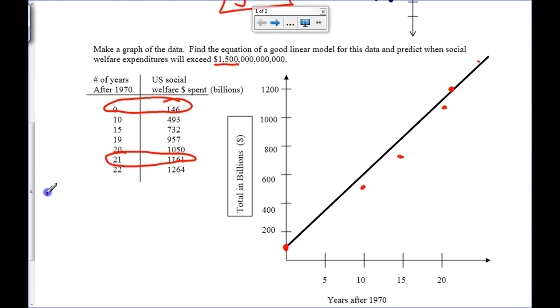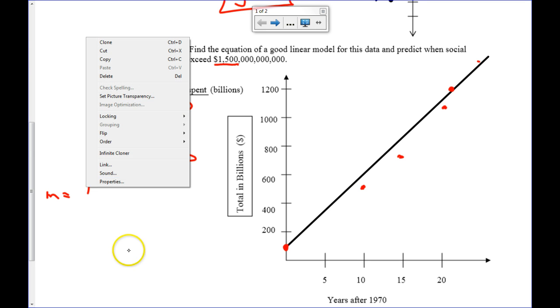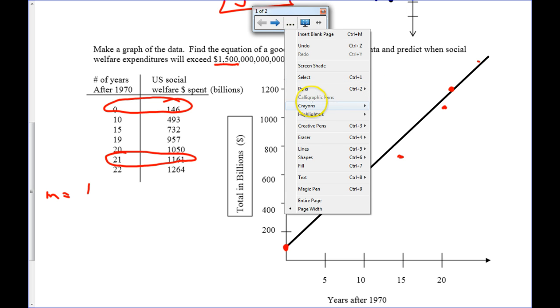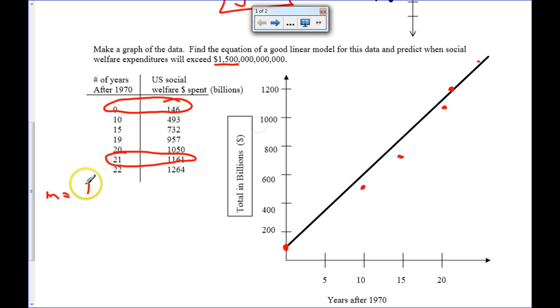Okay? So m is equal to 1,161 minus 146 over 21 minus 0.